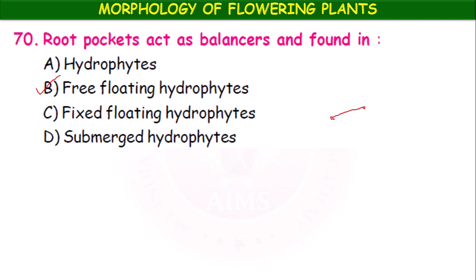Offsets are present in Pistia. These are the balancing roots. Here this is the Pistia. You can see the balancing roots of free floating hydrophytes; they are called root pockets. They help in buoyancy of freely floating plants.